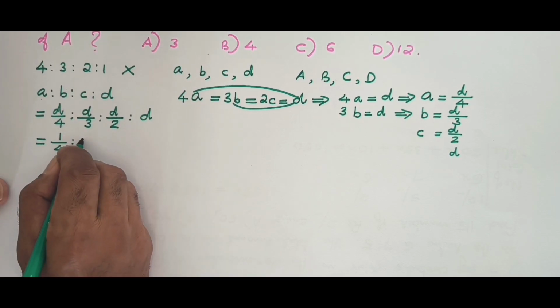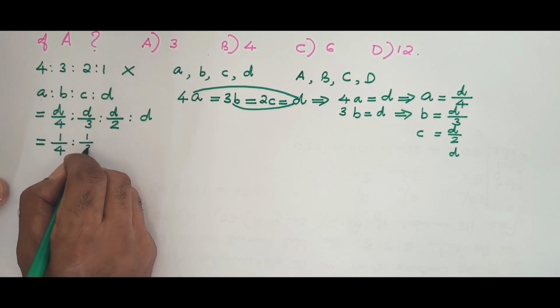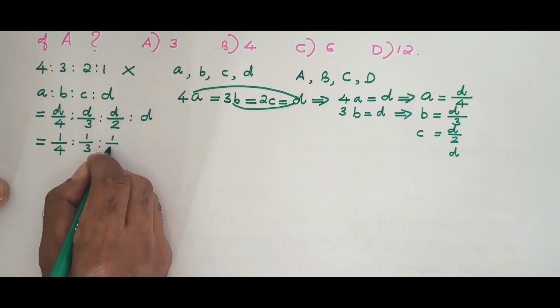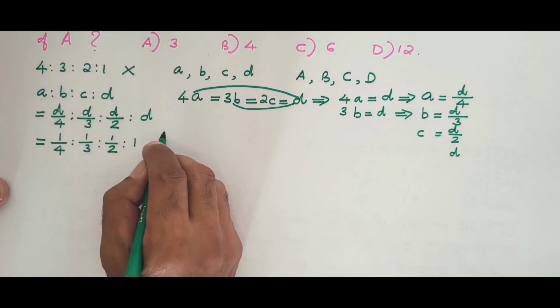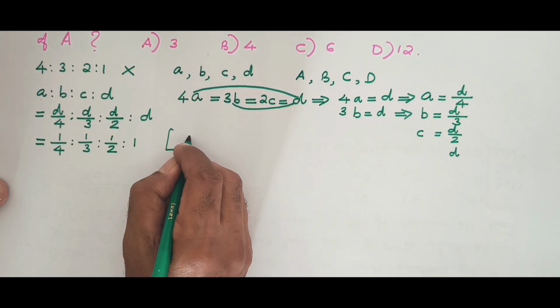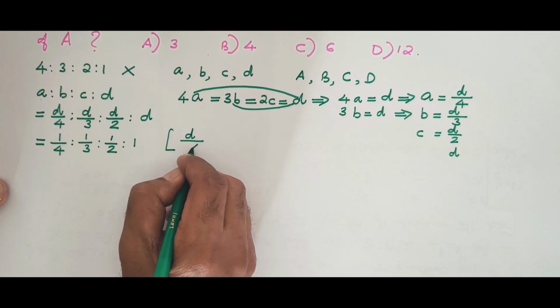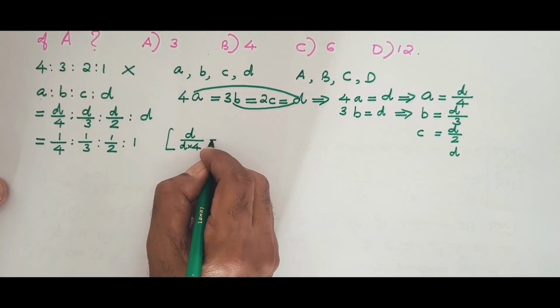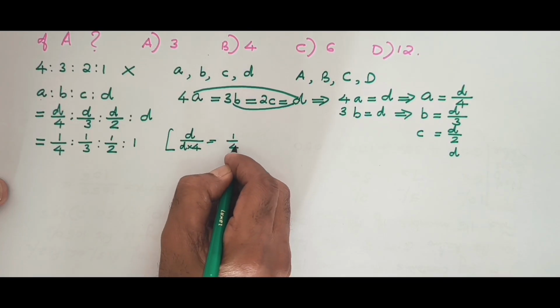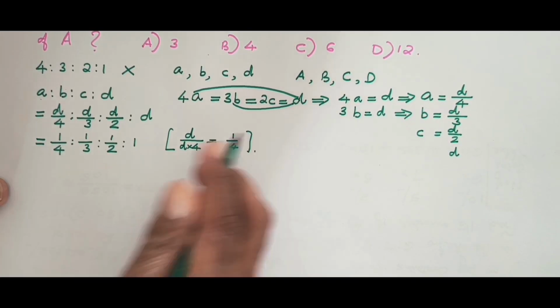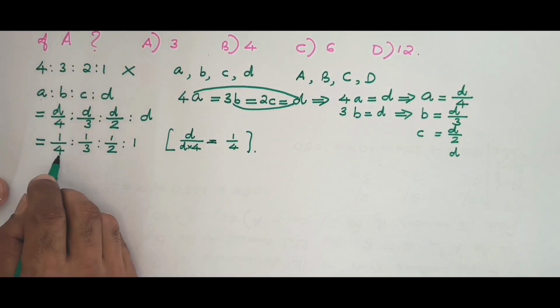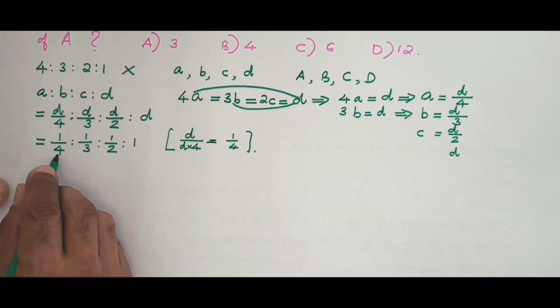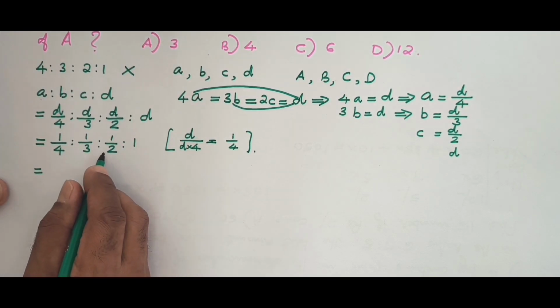You will be getting 1 over 4, 1 over 3, 1 over 2, and then this one. See, basically this is what I have done. D by 4, when you divide it by D, this is what you have. And these two cancelled, 1 over 4.